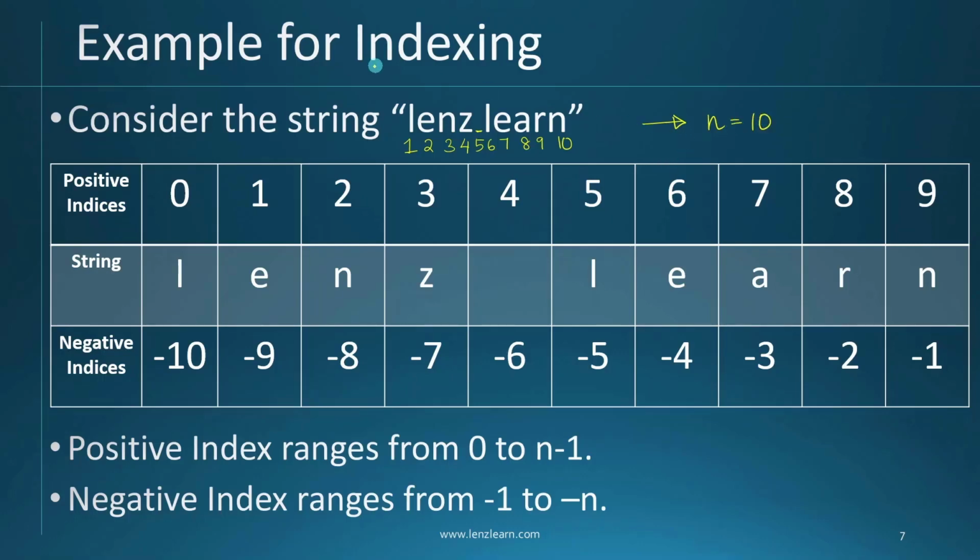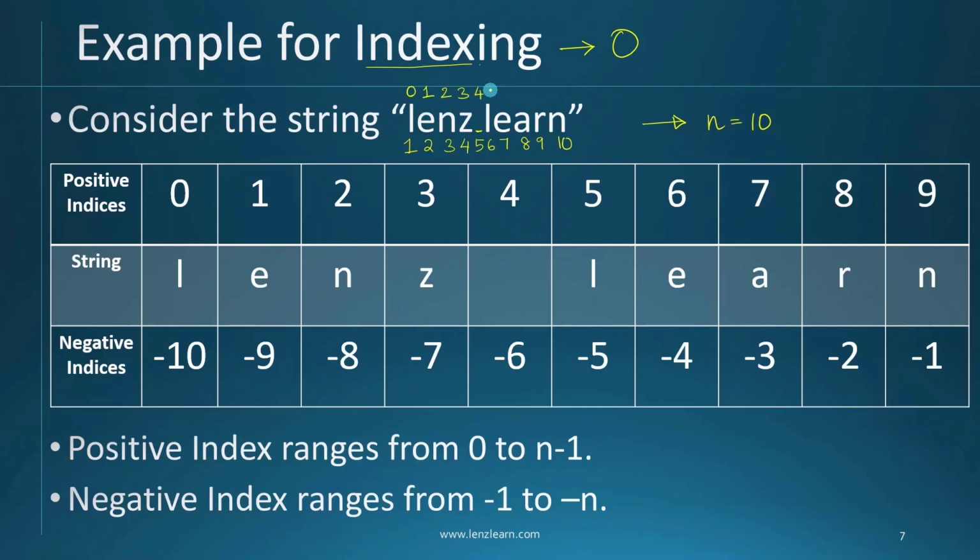Now let us talk about the indexing. Indexing always starts with 0. So the first character L is available at index 0. The next character is available at 1, then 2, 3. Now the space is available at 4.